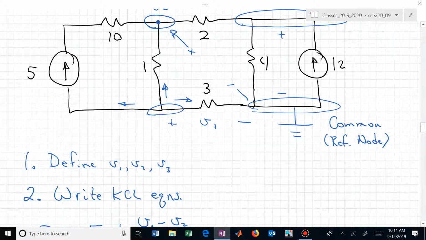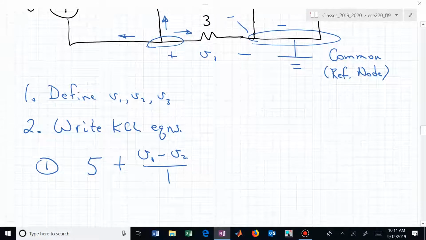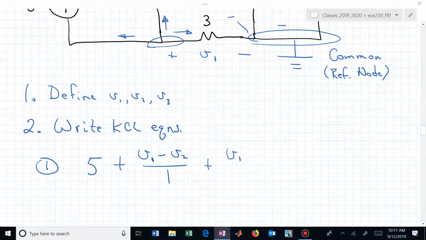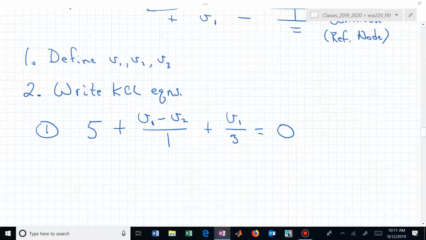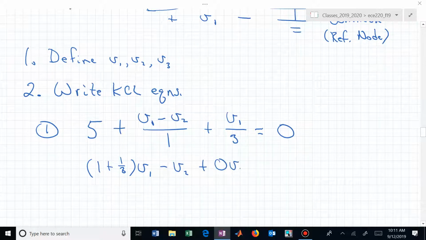That's V1 minus 0, or just V1, divided by 3. So if we combine all of these together, I have 1 plus 1/3 V1 minus V2 plus no V3 equal minus 5.